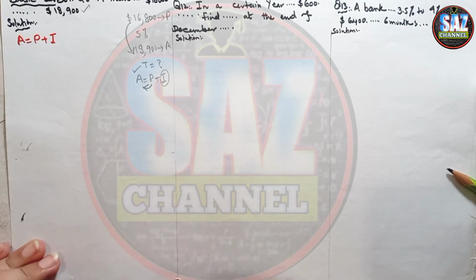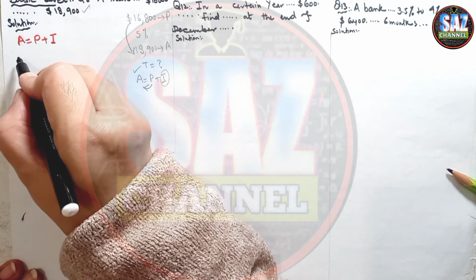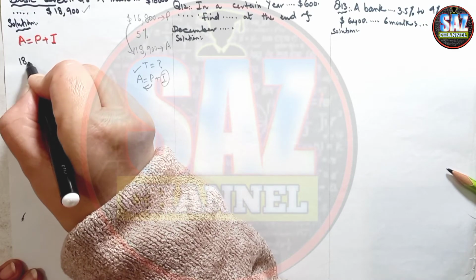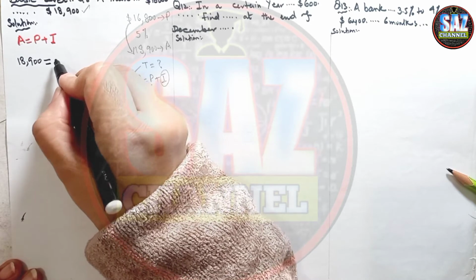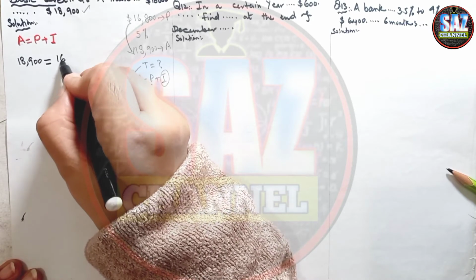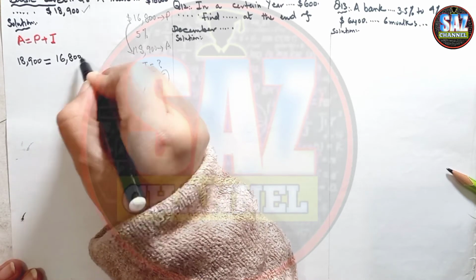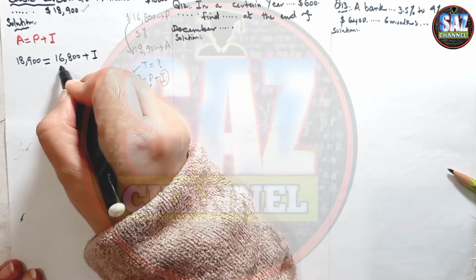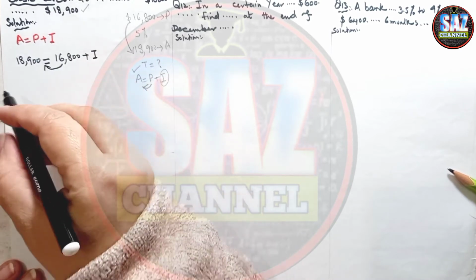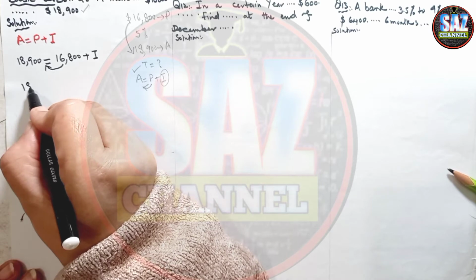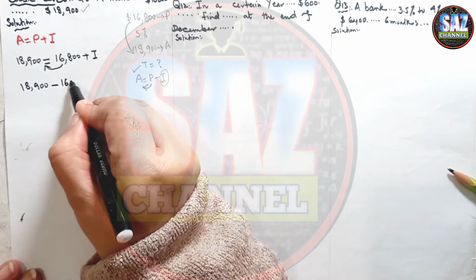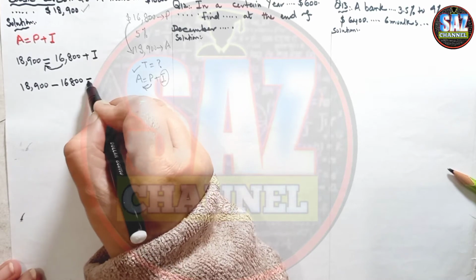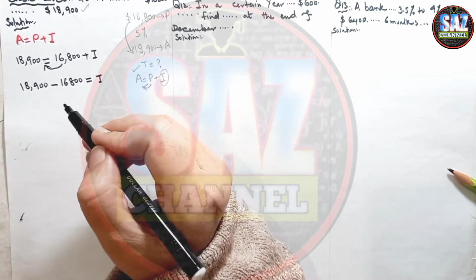So let me write down the formula: amount equals principal plus interest. Instead of amount, we write 18,900 equals principal, which is 16,800, plus I. Now shift this 16,800 to the other side, and I am left with 18,900 minus 16,800 equals I, the amount of interest.